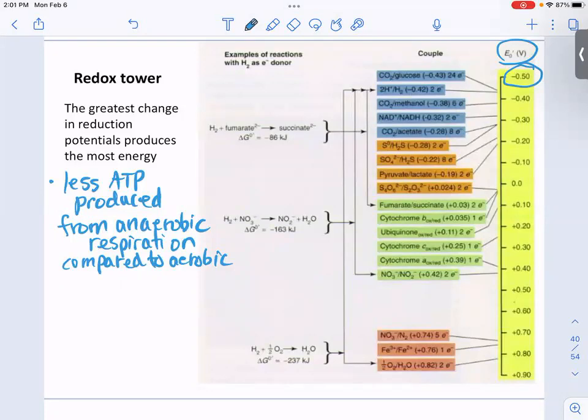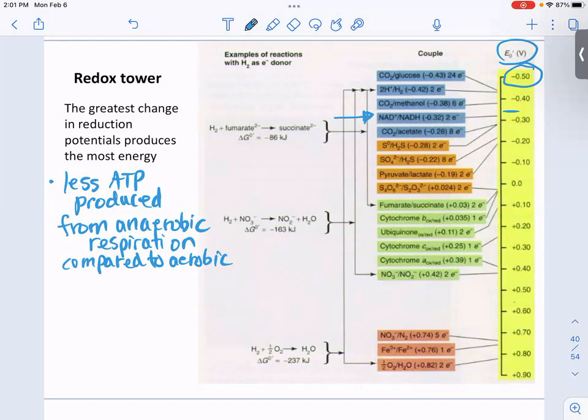If you think about aerobic respiration, we had the NADHs dropping off their electrons. Here's that NAD-NADH pair. It has a pretty negative E naught prime, so those NADHs want to get rid of those electrons really quickly.